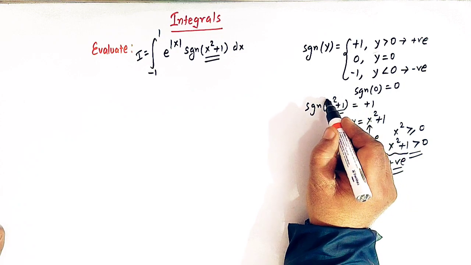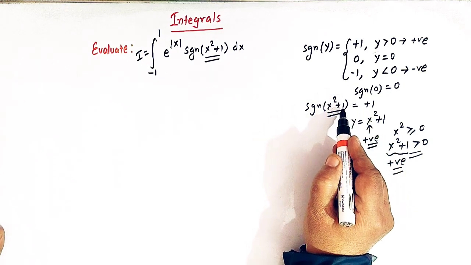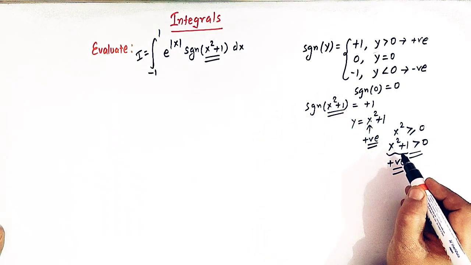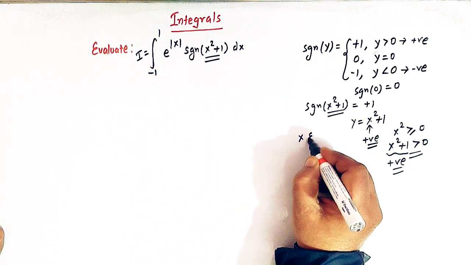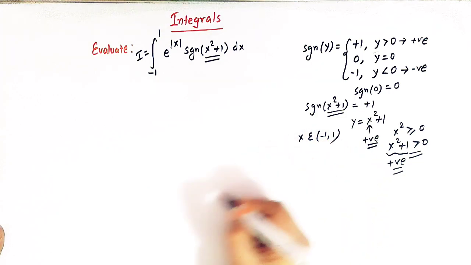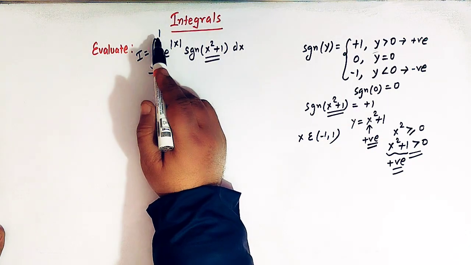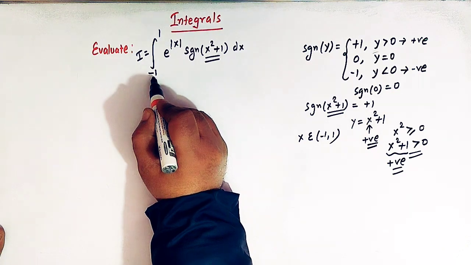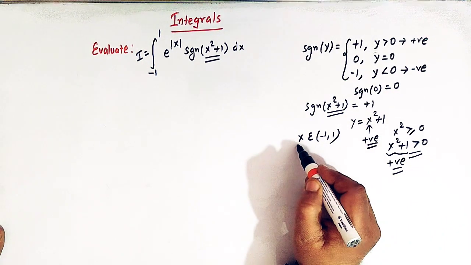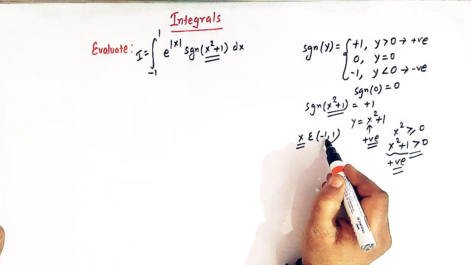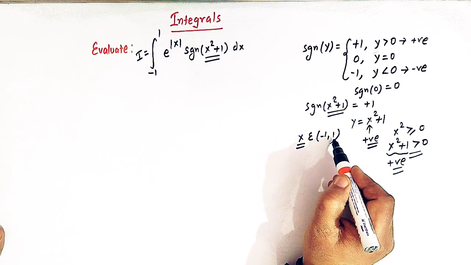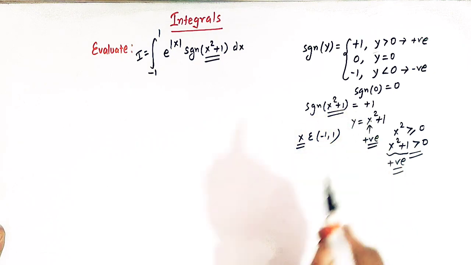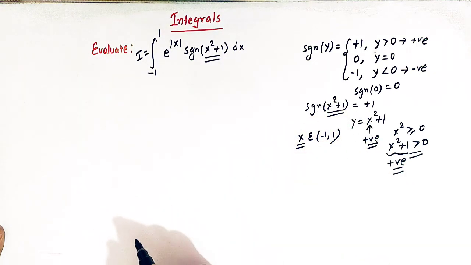Here the argument x square plus 1 is always a positive quantity when x goes from -1 to 1. When the limits go from -1 to 1, for all values of x belonging to the interval -1 to 1, including -1 and 1, x square plus 1 is always a positive quantity.